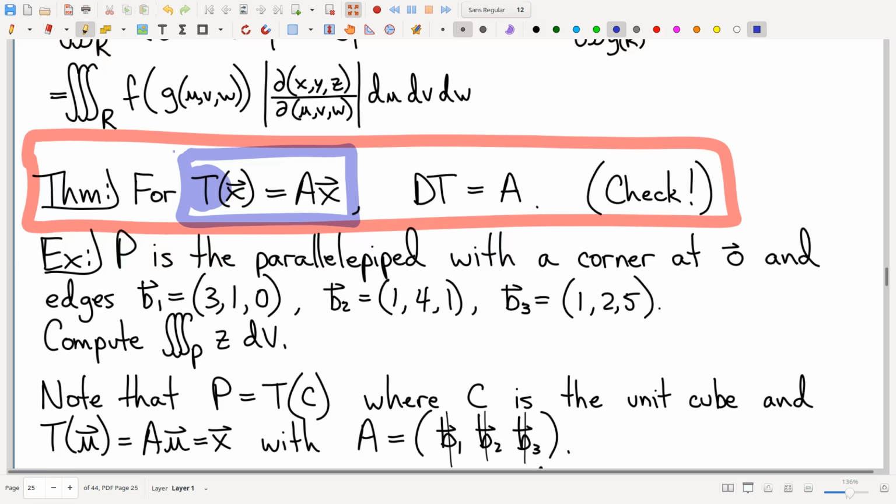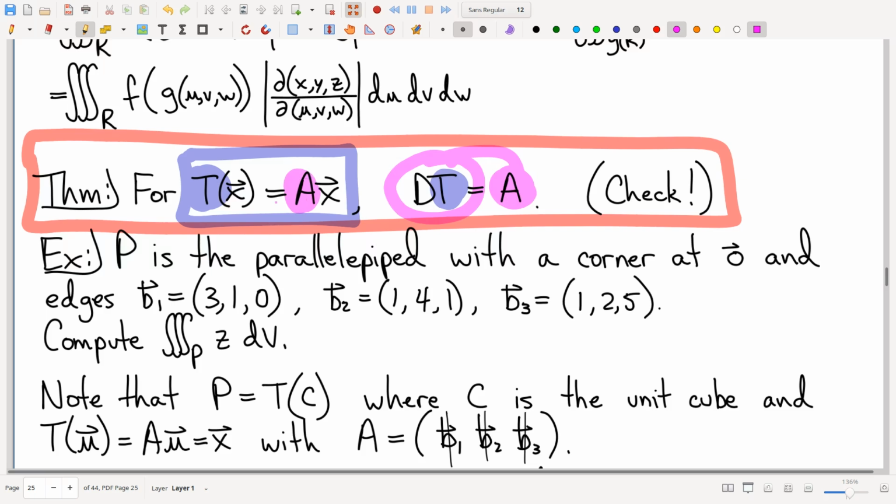If that's the case, then the derivative transformation for that linear transformation is just the matrix itself. This is easy to check.